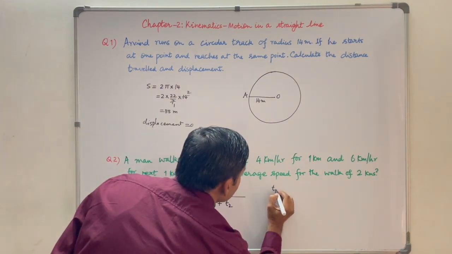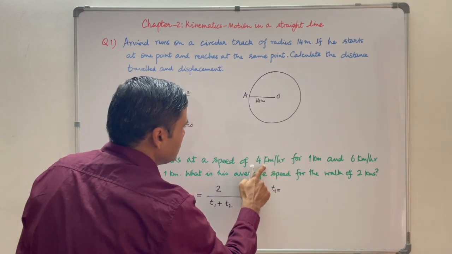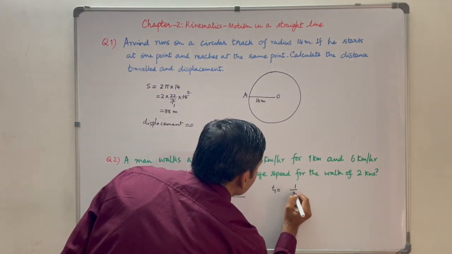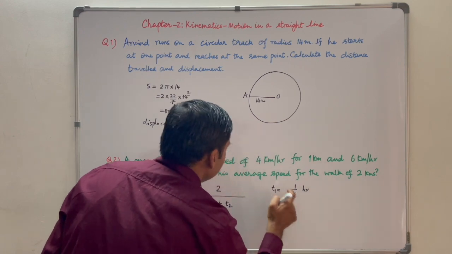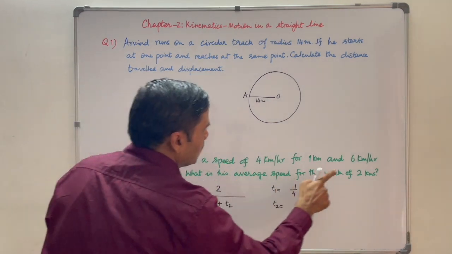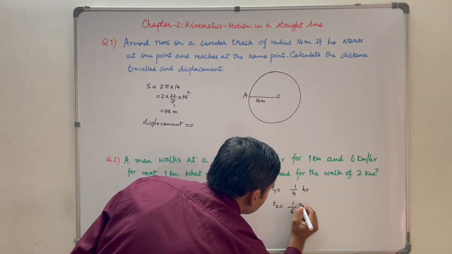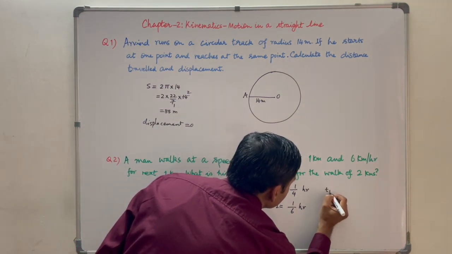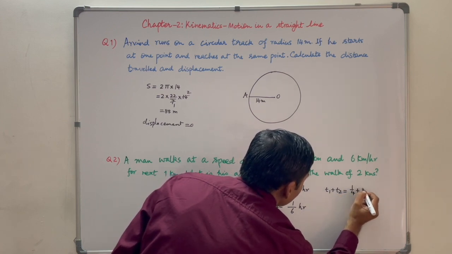So T1 is equal to distance traveled 1 km upon speed. So that is 1 upon 4 hours. And T2 is equal to distance traveled 1 km upon speed 6 km per hour. So this is 1 upon 6 hours. T1 plus T2 is equal to 1 by 4 plus 1 by 6.